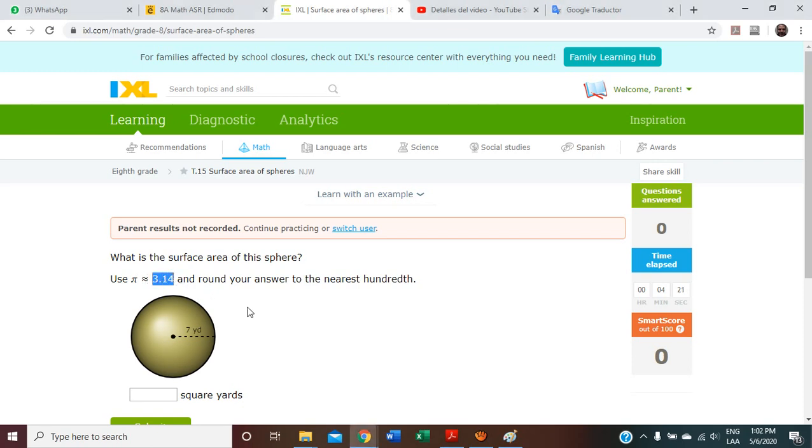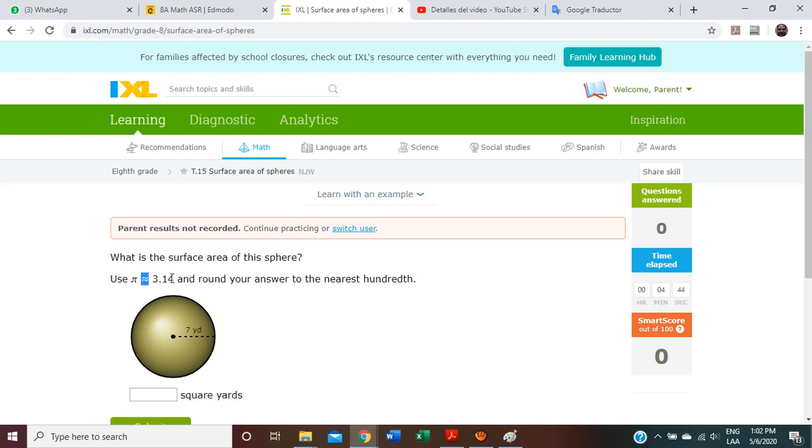It is going to be rounded as 3.14. For some of you that don't recognize this little symbol that looks like an equal sign, it means that it's not equal. It's about or very approximately this number, because it is rounded.